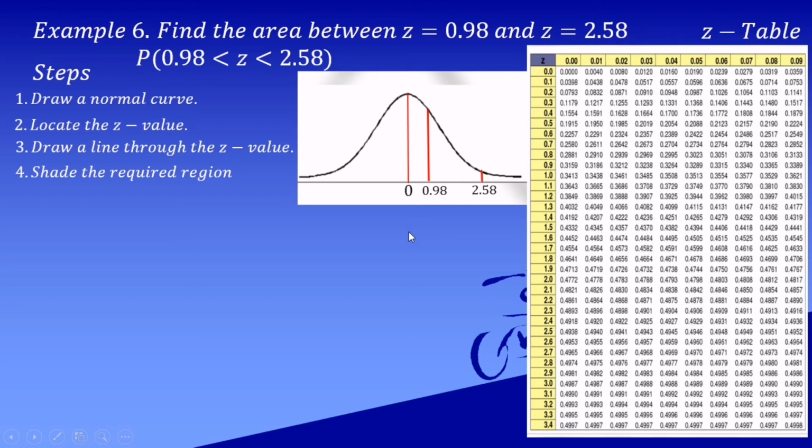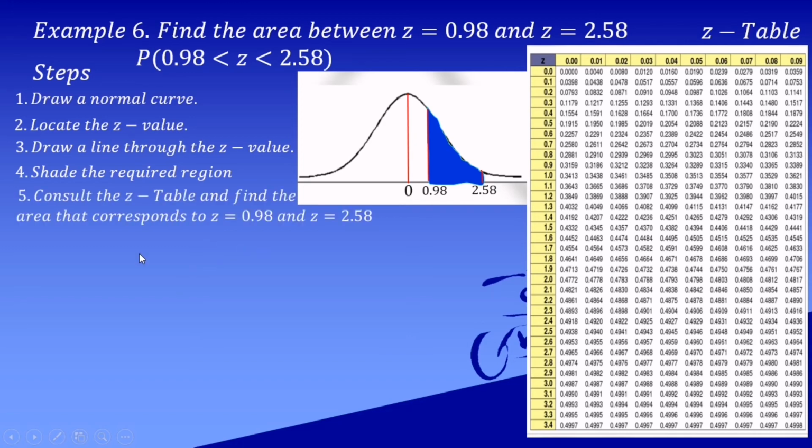So, we shade the region between the Z values. That is our shaded region. Then, we find the area that corresponds to Z equal to 0.98, from 0 to 0.98, and the other Z, 2.58, from 0 to 2.58.